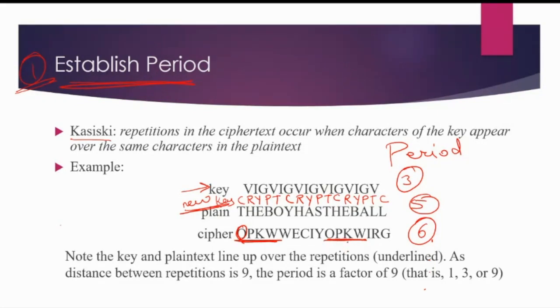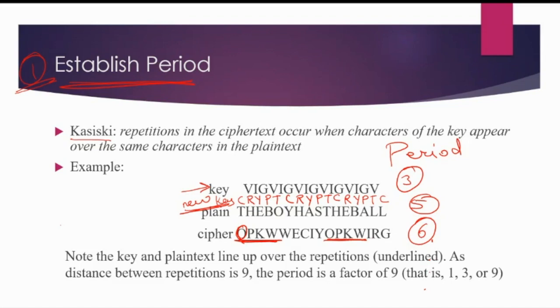It may be possible that only a single letter repeats. Let's say K repeats itself, so there is a repetition of K after a few positions. So it may be a one letter, two letter, or three letter repetition, but there will be some repetitions. This repetition in the cipher text will give us an idea about the period, the length of the key.